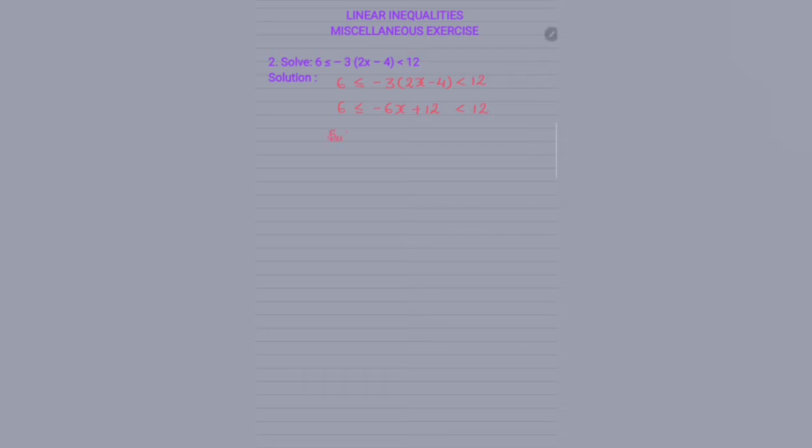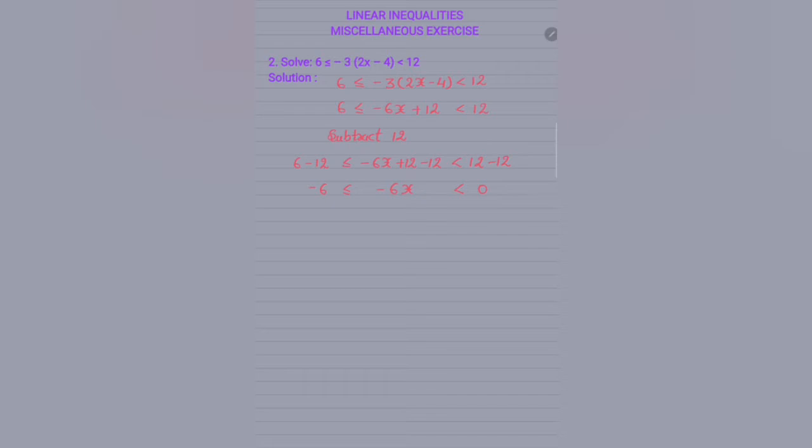So subtract 12 from each term: 6 minus 12 less than or equal to minus 6x plus 12 minus 12 less than 12 minus 12. So minus 6 less than or equal to minus 6x less than 0.